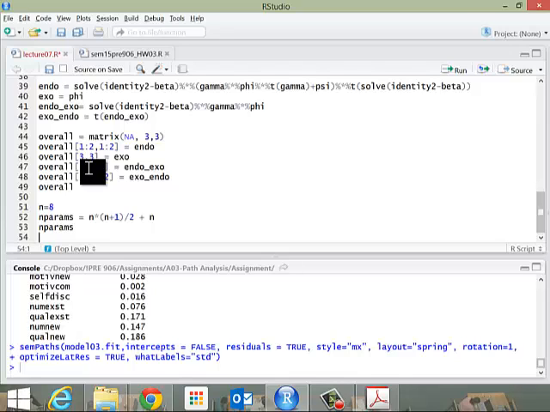Then we would have the beta of f predicting x times f, the beta for f predicting y, and the beta for f predicting z. And then we would have error for x, error for y, and error for z. So we have all three of those present.